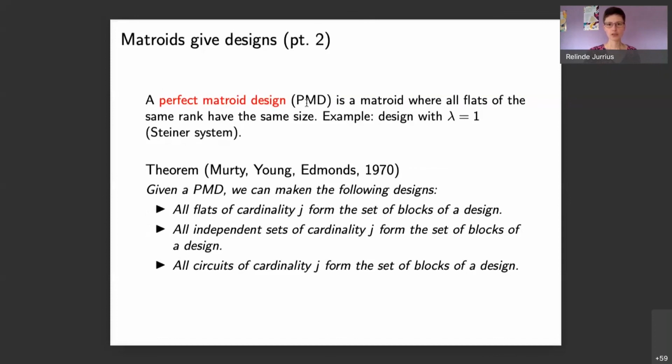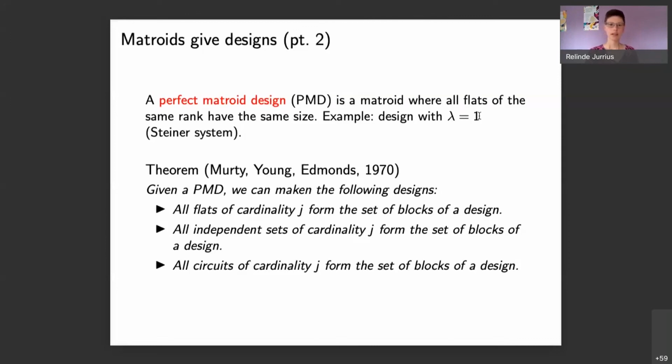Now, we have a special type of matroid called a perfect matroid design, which is a terrible name, but well, we have to deal with it. It's a matroid where all the flats of the same rank also have the same size. And there are several examples of them, and one of them is a design where lambda is equal to 1, which is also called a Steiner system.